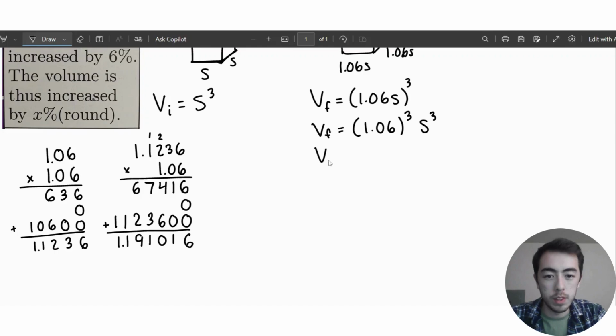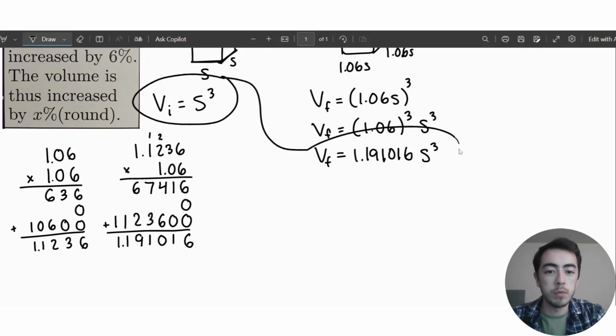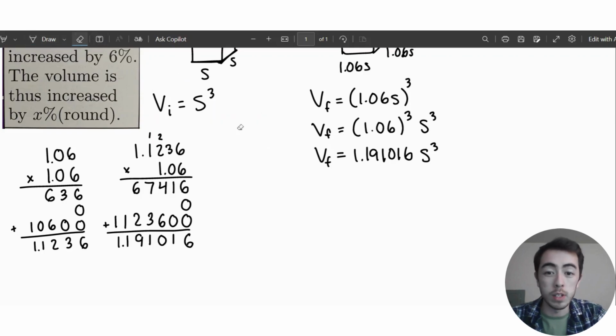Okay, so I could put that in place of 1.06 cubed: 1.191016 times s cubed. Now I can compare the original volume to my final volume a little bit more easily. It looks like I'm scaling it up by this number right here.